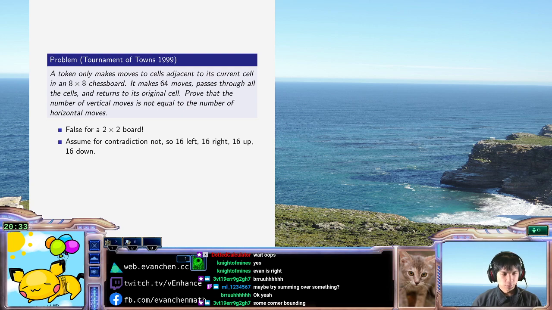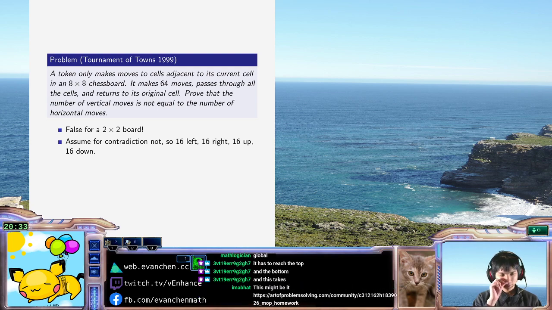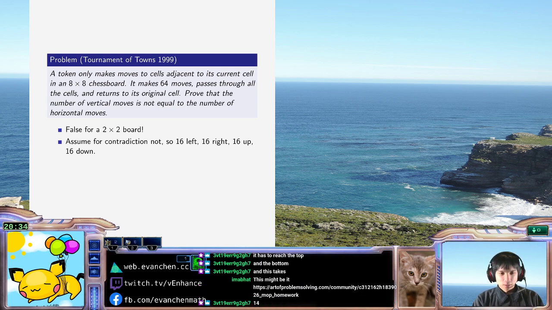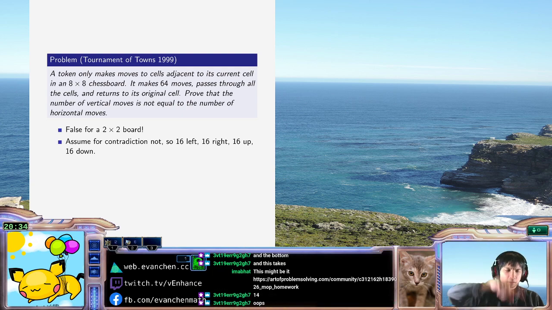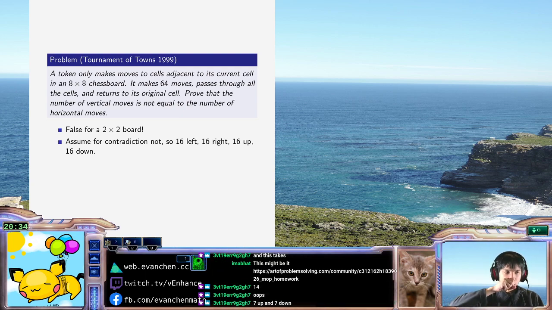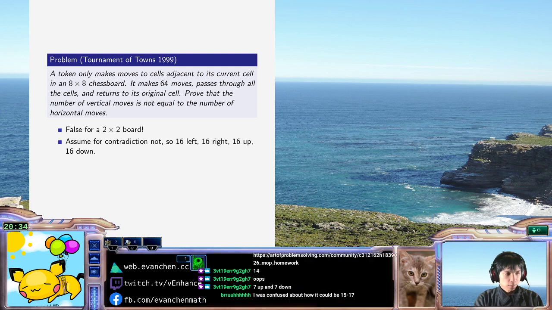Some corner bounding. It has to reach the top and the bottom. Oh, yeah, wait, this is good. So, oh no, it's 8 up. No. No, that's not enough.